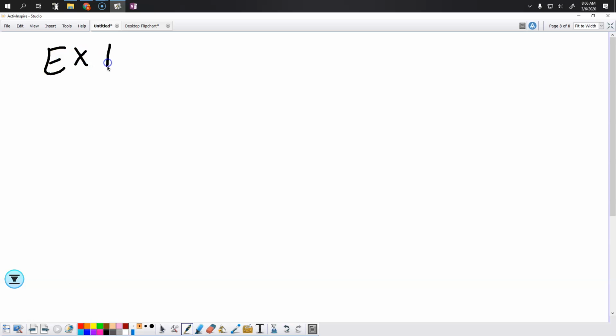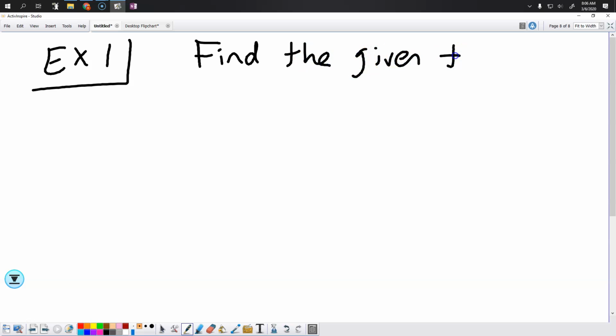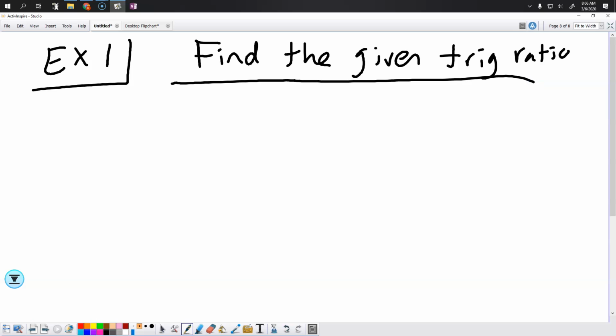Example 1. Find the given trig ratio. So I'm going to draw a triangle and give you a trig ratio to find. Here we go.